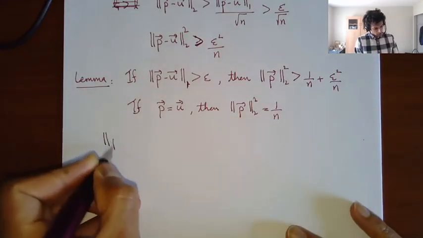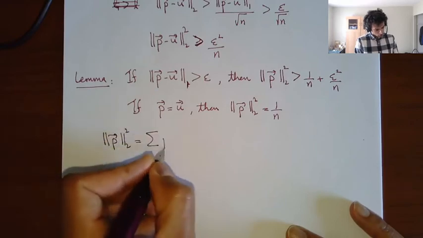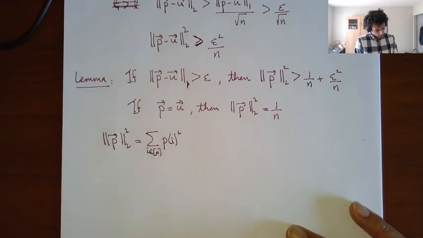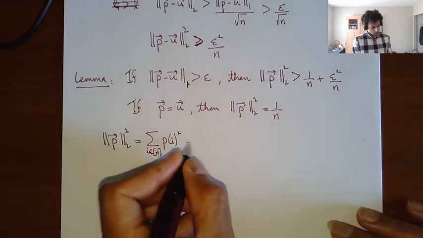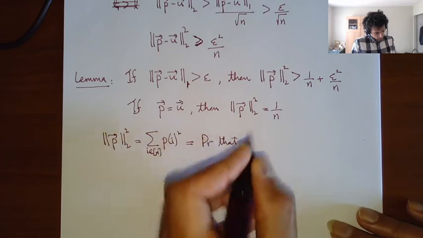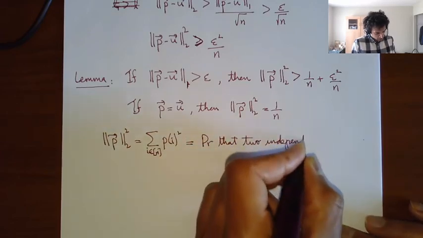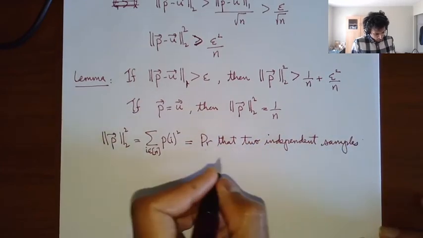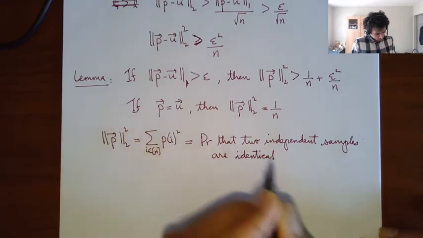Okay. Now let's look at what this 2 norm of the distribution is. This is really the probability that 2 independent samples are identical.